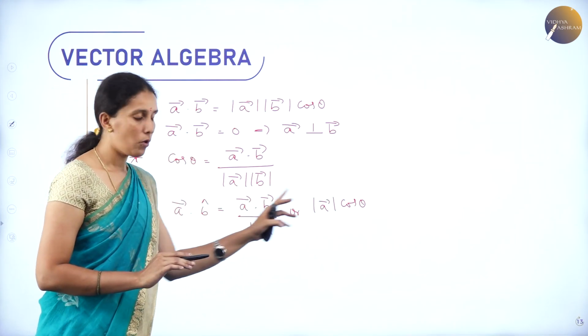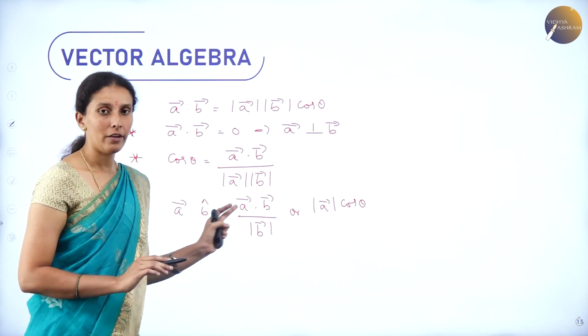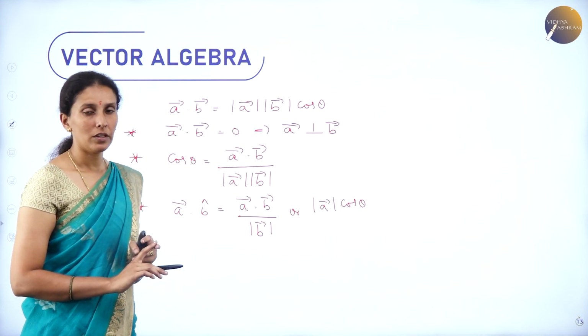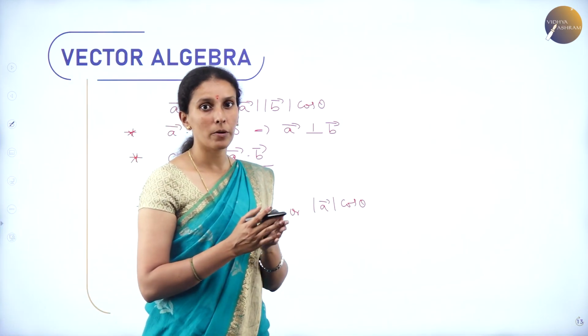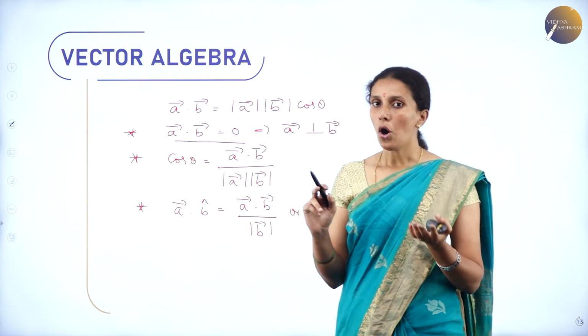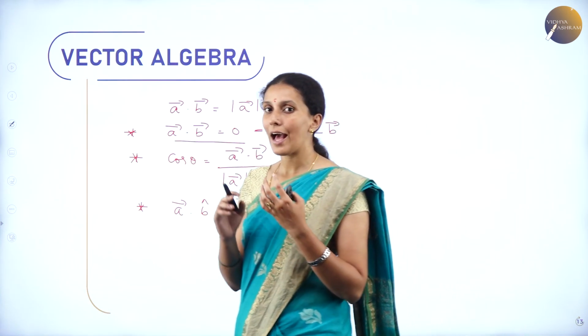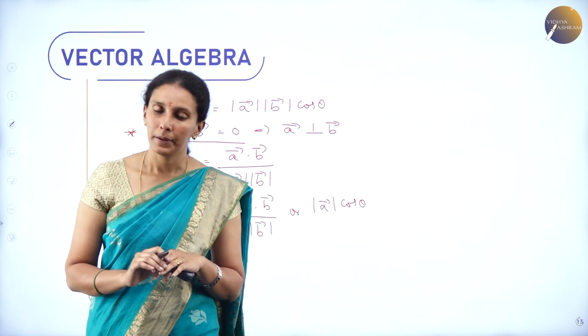If it is unknown, we can use A dot B by magnitude of vector B from the component form of the vectors. And other than this, we can show that two vectors are perpendicular by showing their dot product is 0, or we can also find out unknown values by the given condition that they are perpendicular.